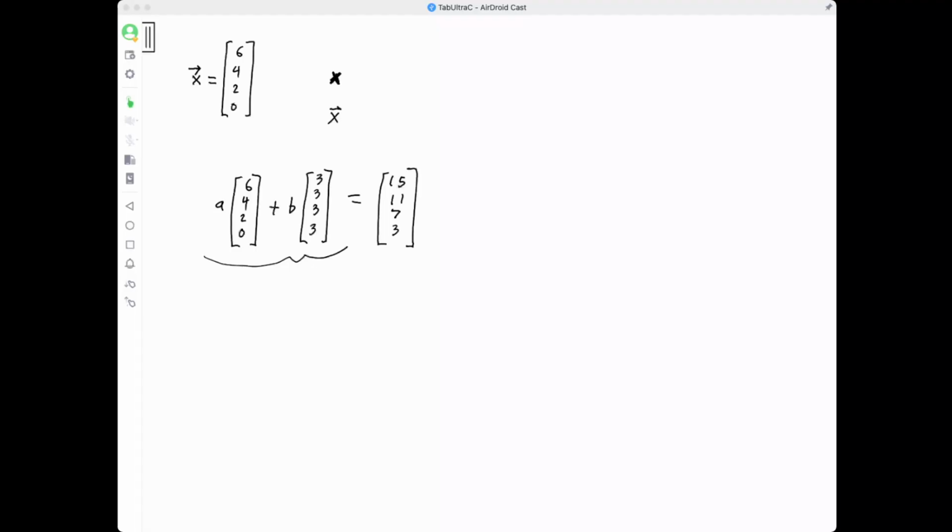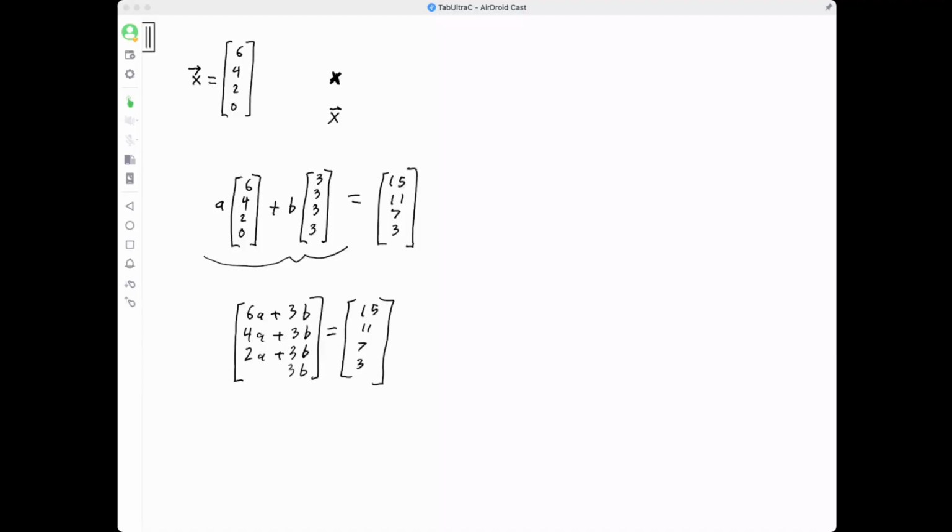Well, that's going to be 6A plus 3B, 4A plus 3B, 2A plus 3B, and 0A plus 3B. And on the right, it is equal to 15, 11, 7, 3.